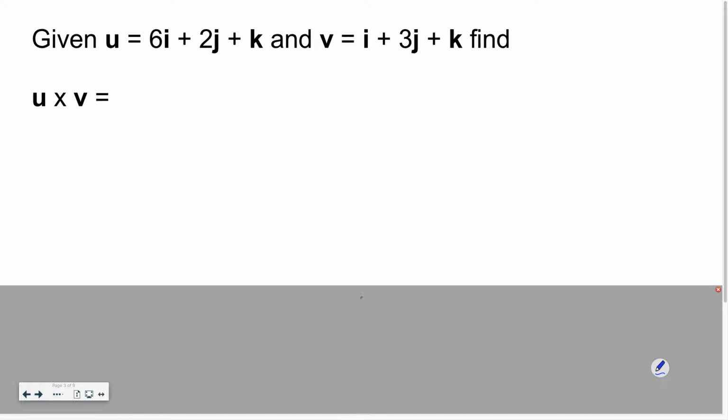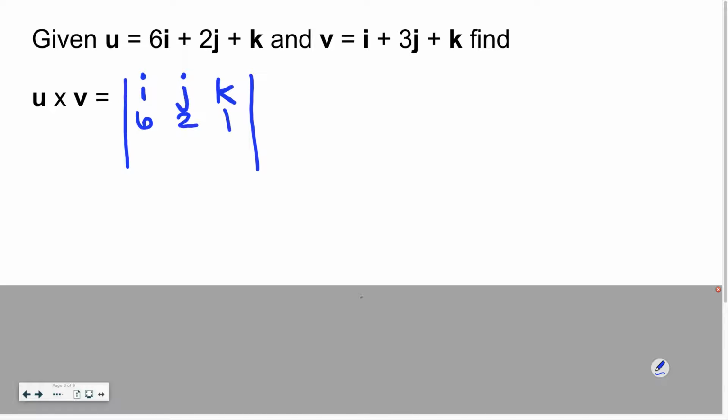In order to calculate our cross product, our first row is i, j, k. Then, since u comes first, we'll put in the components: 6, 2, 1.